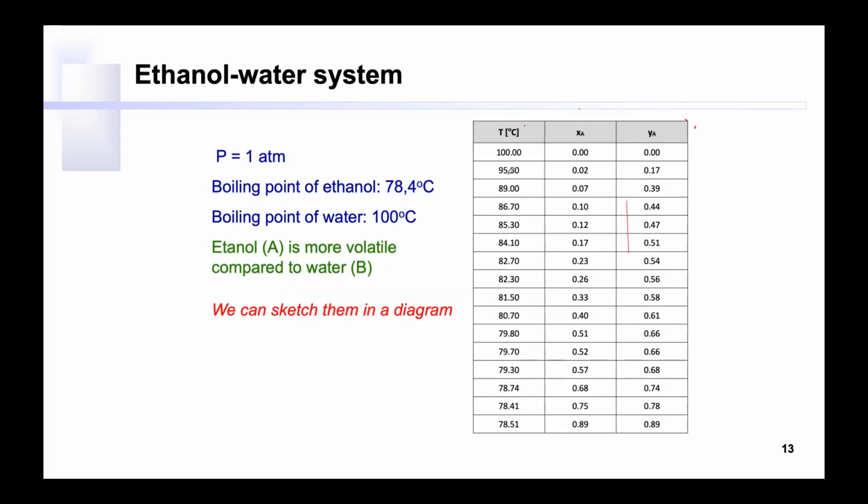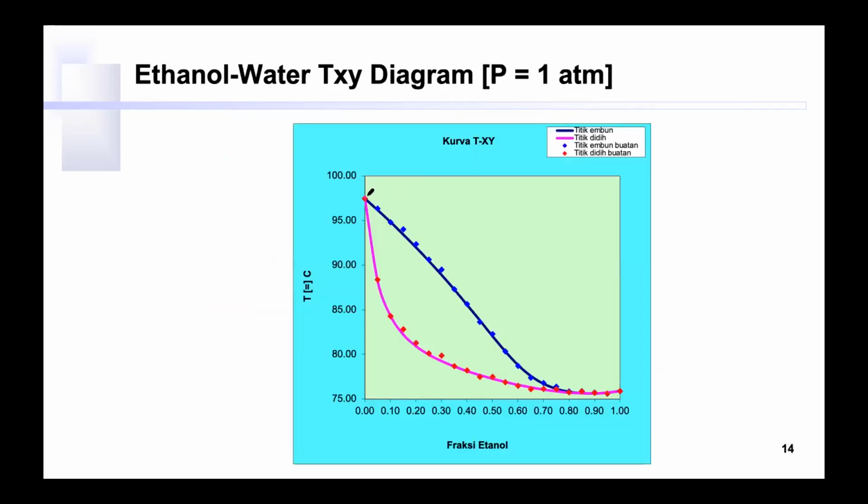At 99 and 95.5, the XA is 0.02, while the YA is 0.17. So that means if this is the bubble point, cair jenuh, saturated liquid.